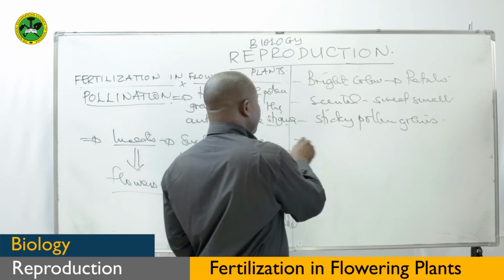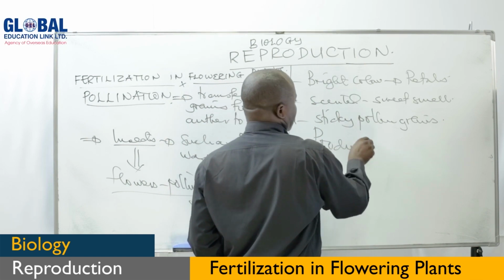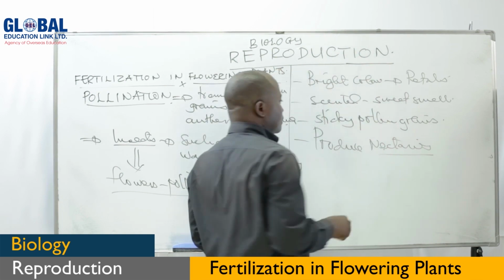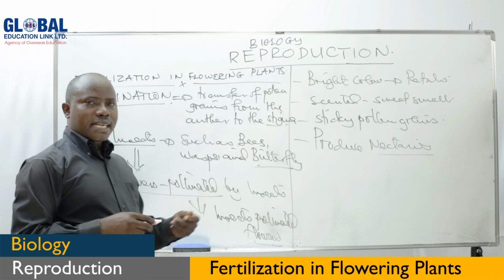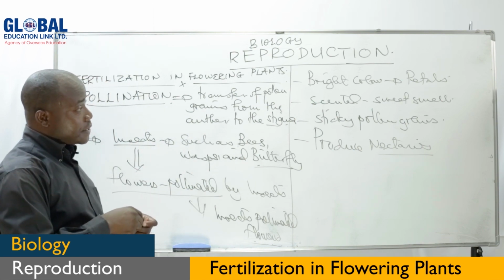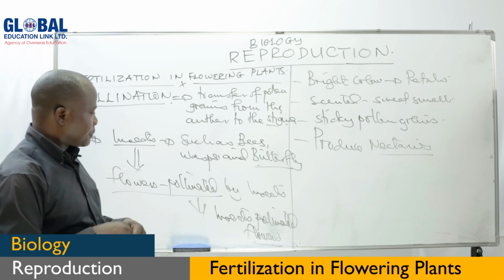But also these flowers produce nectaries, which contain food substances. But these are just a few. You can add other important features that the insect pollinated flower constitute.